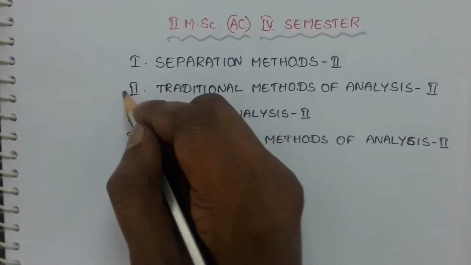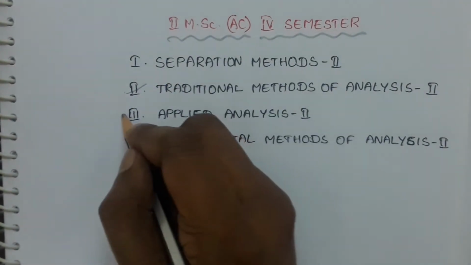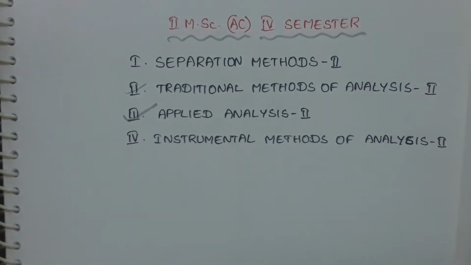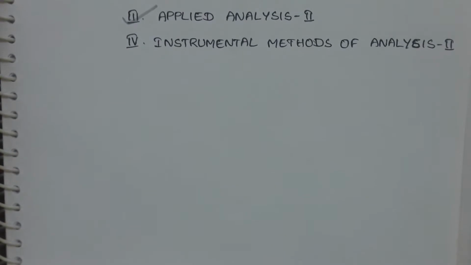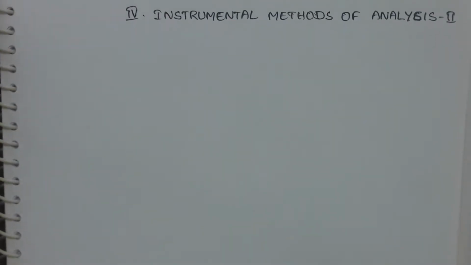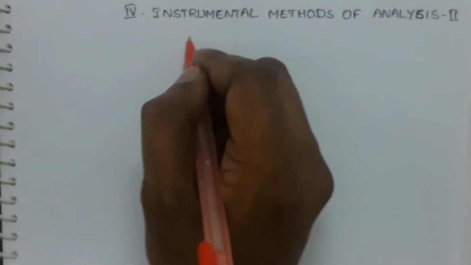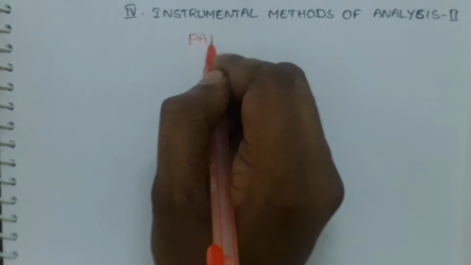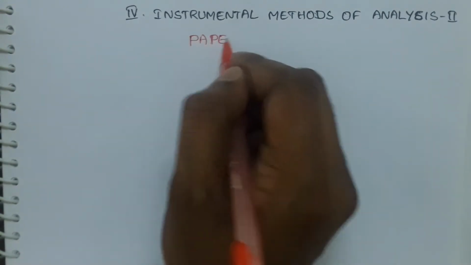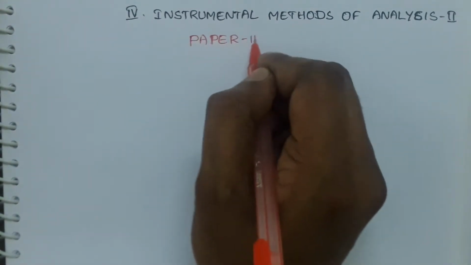They are traditional methods of analysis 2 and applied analysis 2. In this class, I wish to discuss about various units, or various topics, which are present in paper 2.